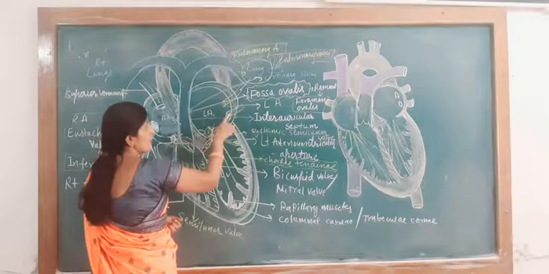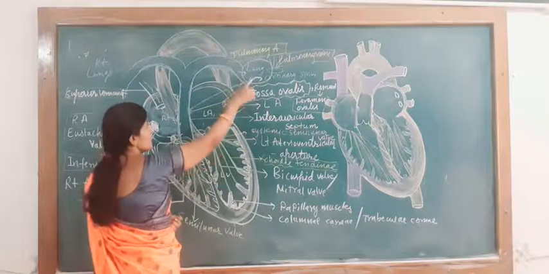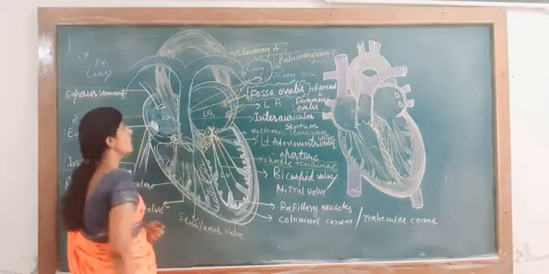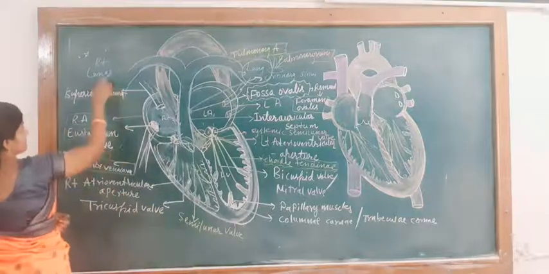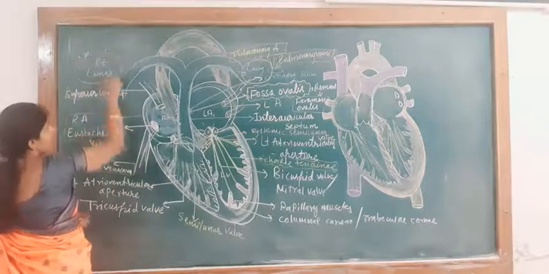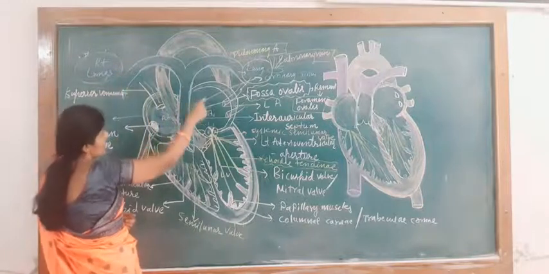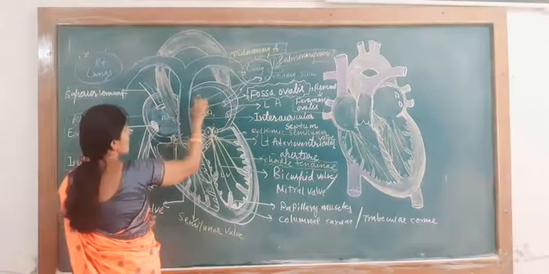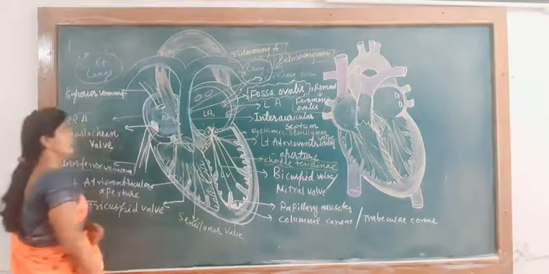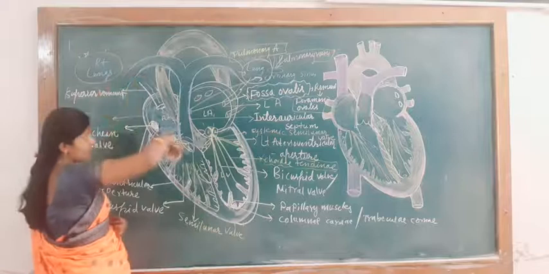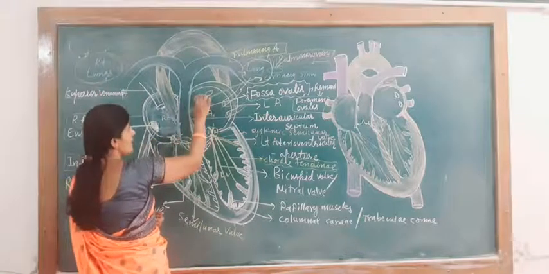Here, two openings are there, meaning from the left lung, two pulmonary veins are coming. From the right lung also, two pulmonary veins come, and those open here. These veins we cannot see here because they come from the back side.